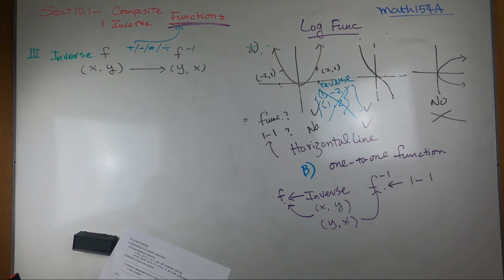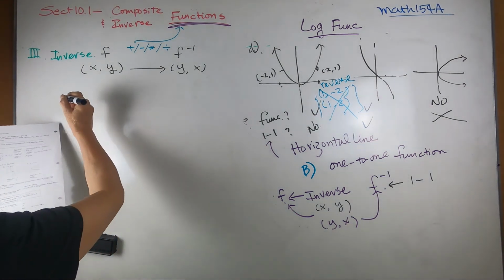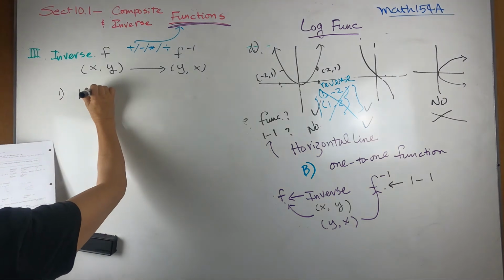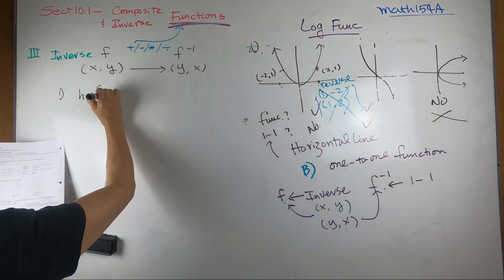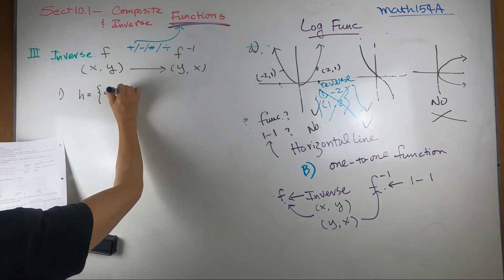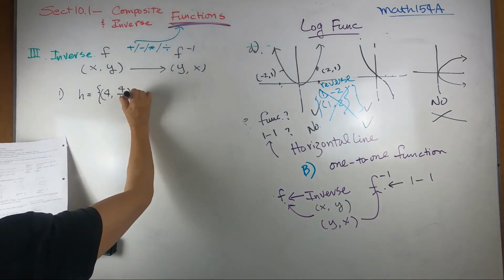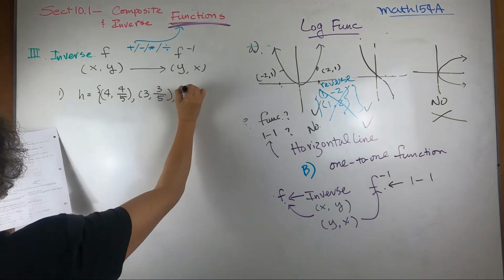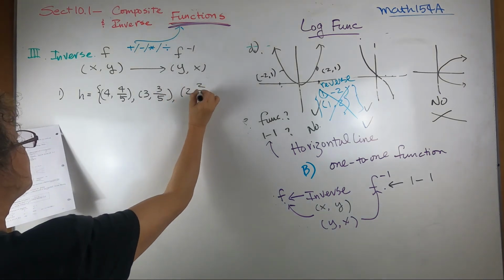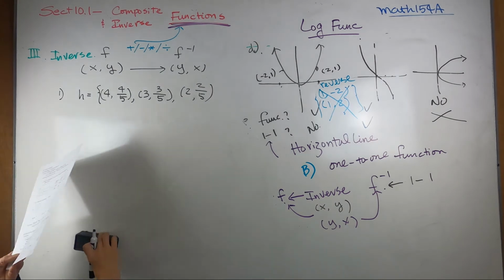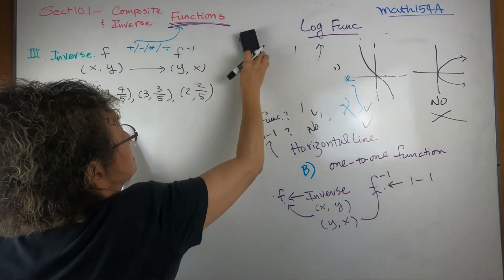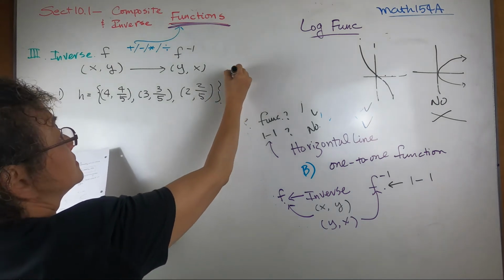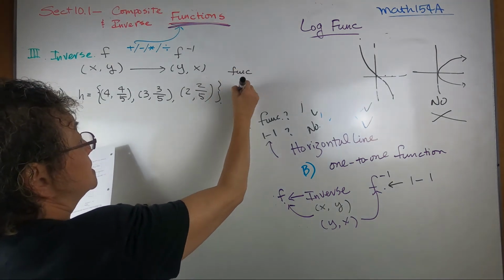Oh, I just erased earlier. Then, earlier we have this, right? H equals, say, 4 4/5, then 3 3/5, and 2 2/5, right? So let's take a look. Is this a function? Yes.